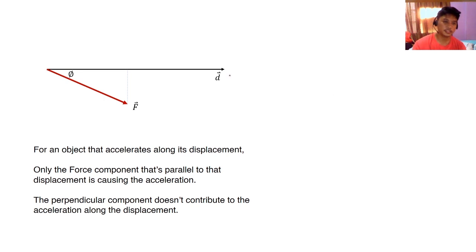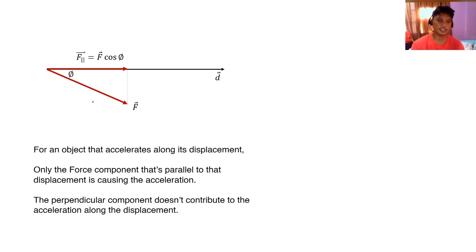So here, as I mentioned in one of our takeaways, this force is situated at an angle from the displacement and not necessarily purely in the same direction as the displacement. This force has a parallel component. We call that F parallel.